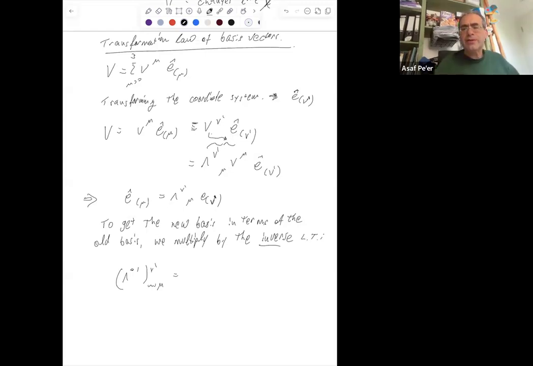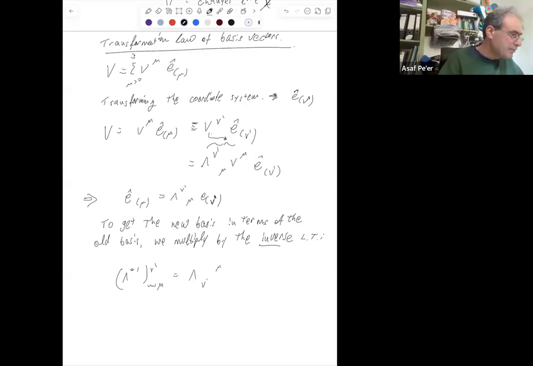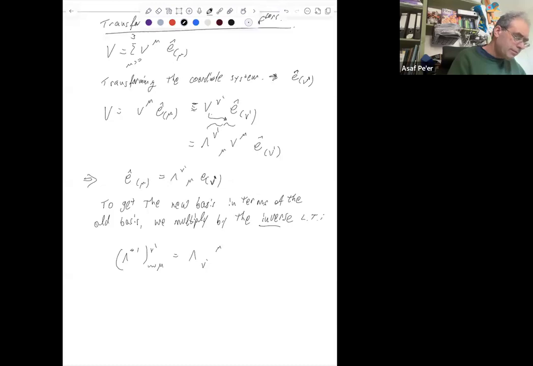Since the inverse Lorentz transformation is a Lorentz transformation, I'm going to write it as lambda, but now the first index is going to be a lower and the second index is going to be an upper. So we can write E nu prime is a lambda nu prime mu E mu.